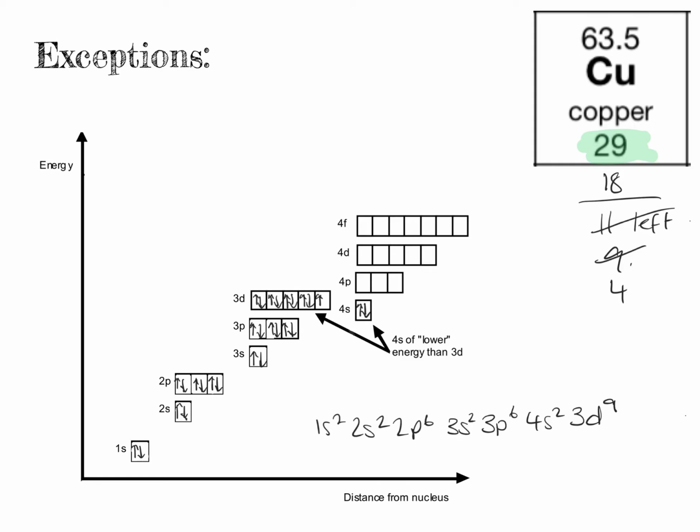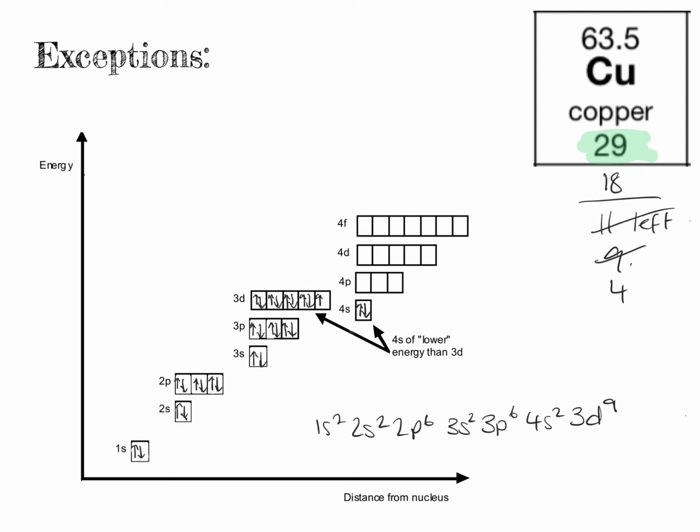However, there is one additional rule that only really applies to copper and to chromium, and that is that full sublevels or half-filled sublevels are more stable than just partially filled sublevels. So an atom would aim to have either a fully filled sublevel, so something like here where there's no space left in this sublevel, or a half-filled one.